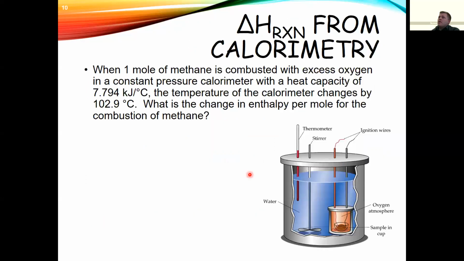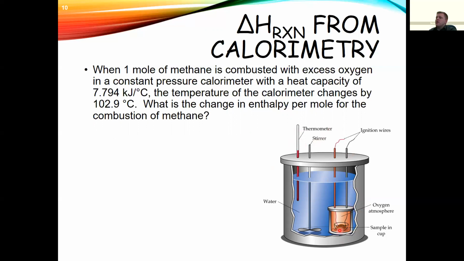Let's say now that we want to find our change in enthalpy for a reaction using calorimetry. So in this case, we use a special calorimeter called a constant pressure calorimeter. These are just designed so that the pressure internally doesn't change. We're not going to worry in this class about how to design those.